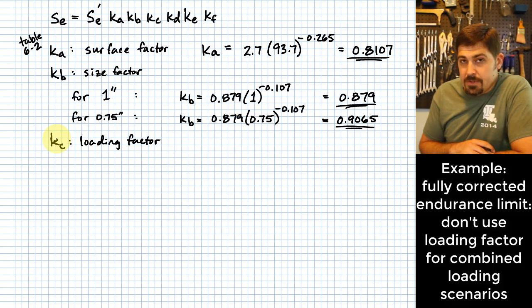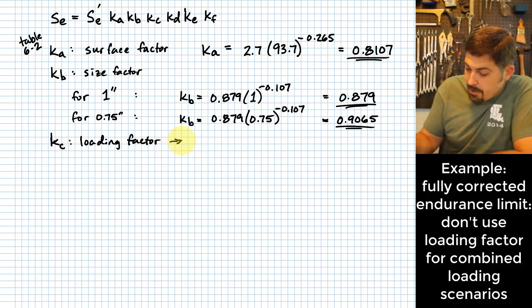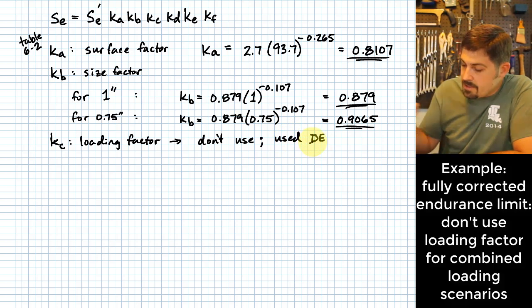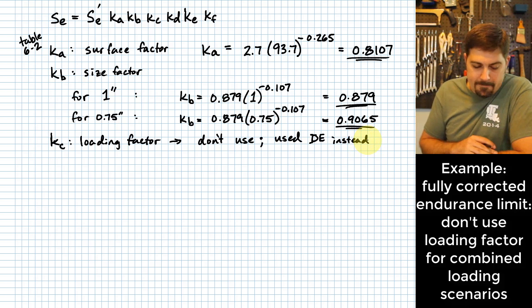And it tells you in chapter 6 that when that's the case, you don't use this loading factor. We used the DE formulation instead to combine our different kinds of loads together. Okay? So we don't use that one.